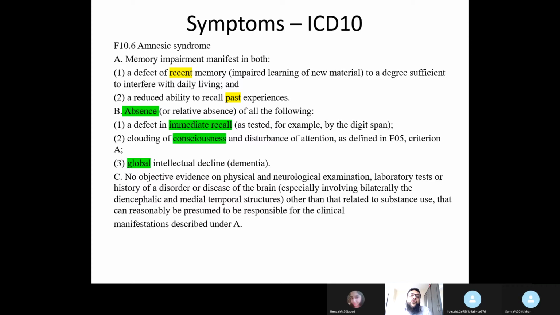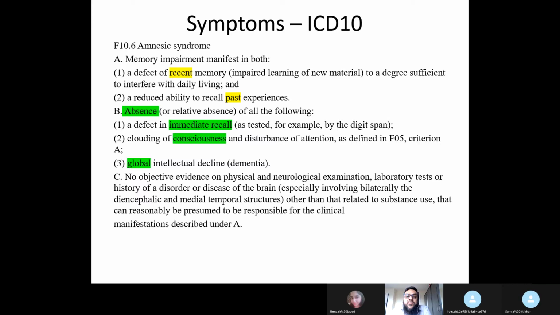So amnesic syndrome: amnesia, not agnosia, not apraxia, not aphasia, only amnesia, pure amnestic cognitive impairment. That is amnesic syndrome, memory impairment due to any cause. But here it is F10.6, so that means it is because of alcohol. It could be F11.6, F12.6, or organic F0 something, so it could be any cause.